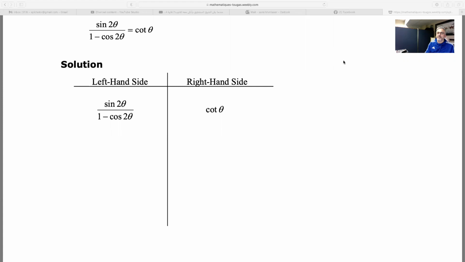And for 1 minus cos 2 theta, you have 3 choices. If you look at cos 2 theta on your sheet, you have cos squared minus sine squared, 2 cos squared minus 1, and 1 minus 2 sine squared. There is one that will make your life a lot easier.